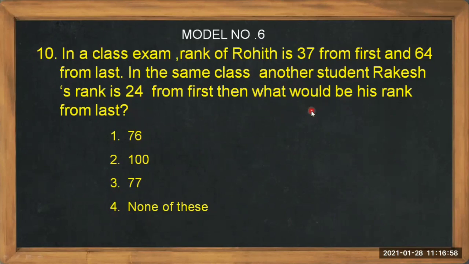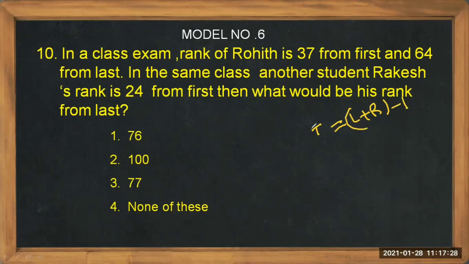Very simple, my dear friends. We need to find the rank of Rakesh from the last. As a very simple logic, we have already learned the formula T is equal to L plus R minus 1.